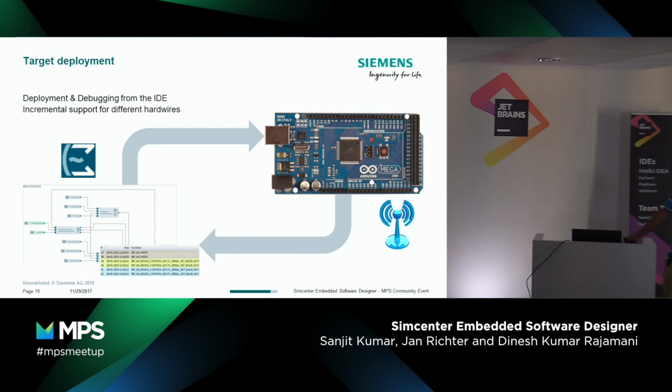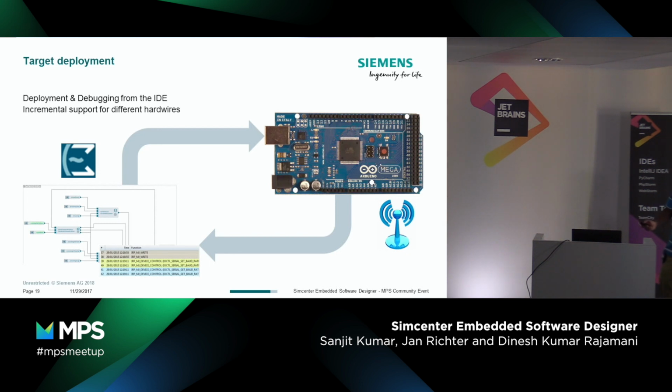Currently this is not available, so that thing is missing, and we want to implement it in our future releases. One interesting thing we want to implement is support for Wi-Fi devices and IoT, so that you can do real-time logging and debugging.